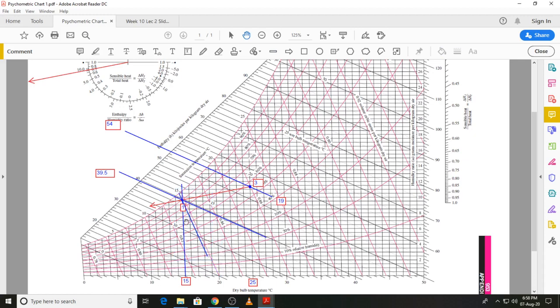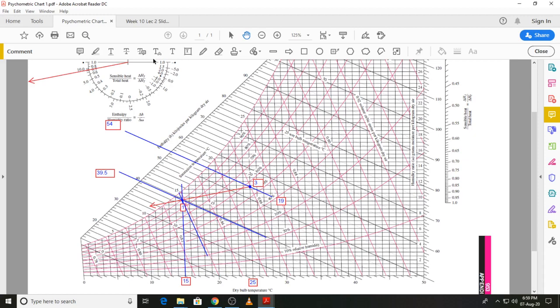So you can see that this is just slightly, this is 0.82, the value is quite close to 0.83, so it's around 0.828 or 0.8275 meter cube per kilogram dry air, and I have used a value of 0.828 meter cube per kilogram dry air.